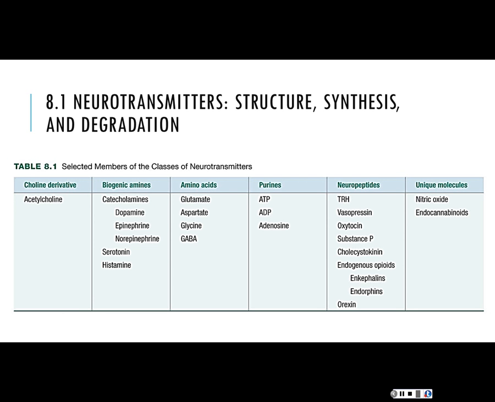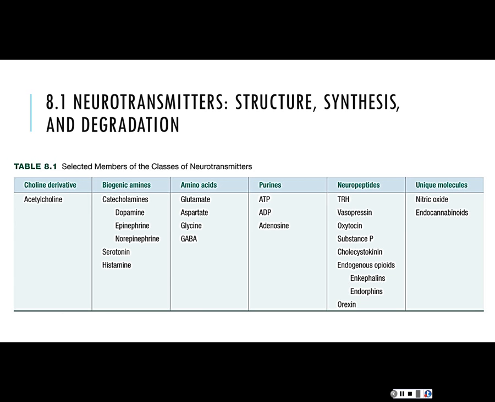It may be things that you didn't think of. ATP, ADP can act as neurotransmitters. And other non-typical, non-classic things that we think of as doing something else have neurotransmitter activity inside of the brain. So we're not going to study all of them. We're going to pick a few and focus on them for the rest of the semester.